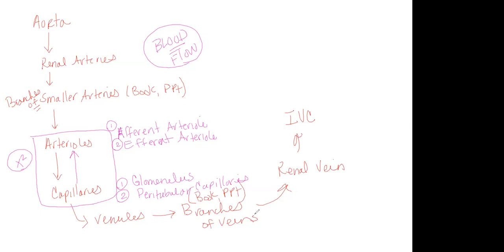Have this written down. Blood flows to the kidney and to the nephrons of the kidney. And remember, the nephrons are the functional units of the kidney.